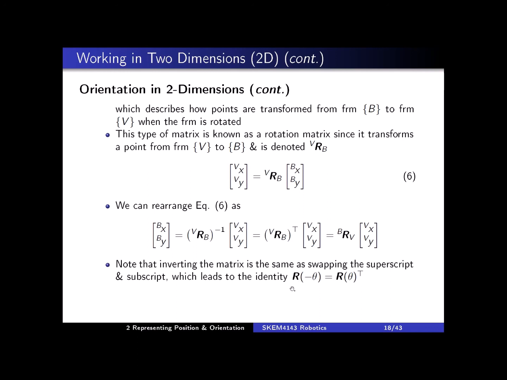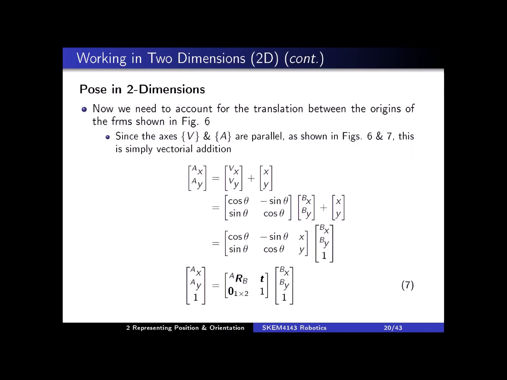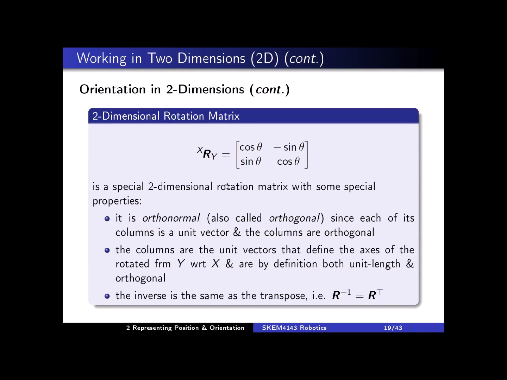For now, you have to know that we have established the representation of a rotation of a two-dimensional coordinate frame with respect to another coordinate frame. This is the rotation matrix that we saw earlier.